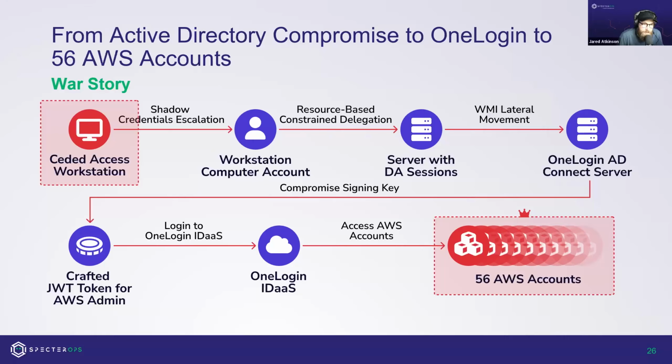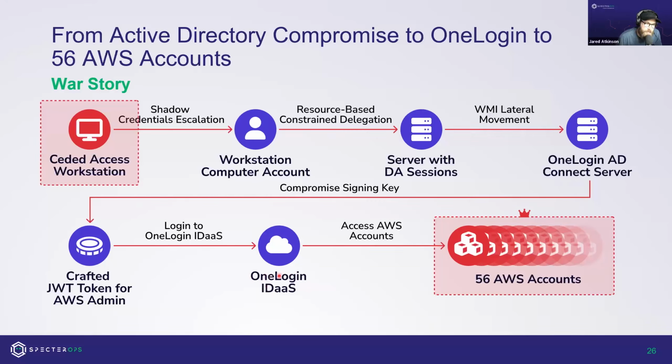And this is an example where there's a chain of security dependencies that allowed the attacker to go from Active Directory into AWS. In this case, for instance, you have AWS, and a security dependency of AWS is OneLogin, right?